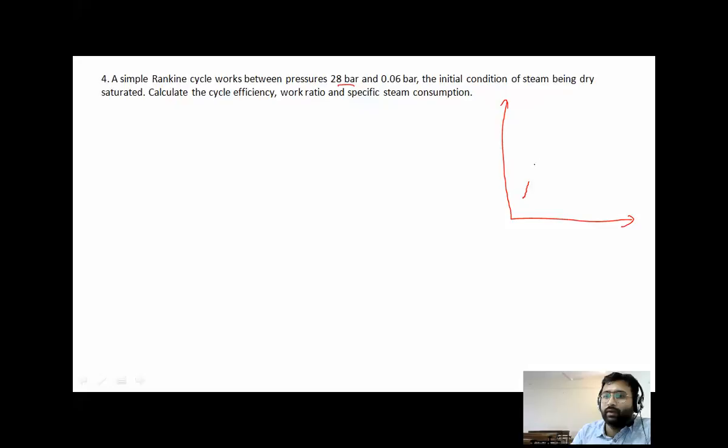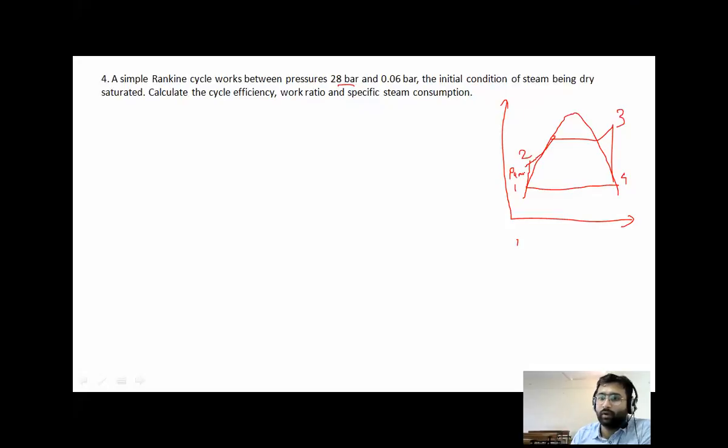Right. So we have this saturation curve, then there is this Rankine cycle curve, 1 to 2 to 3 to 4. In this case, 1 to 2 is what?